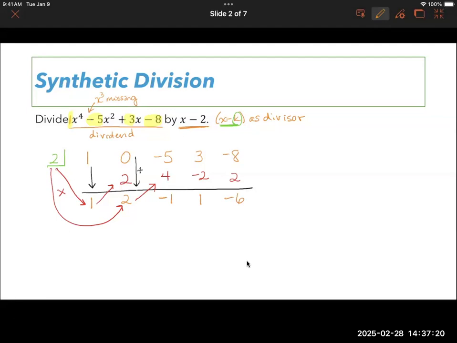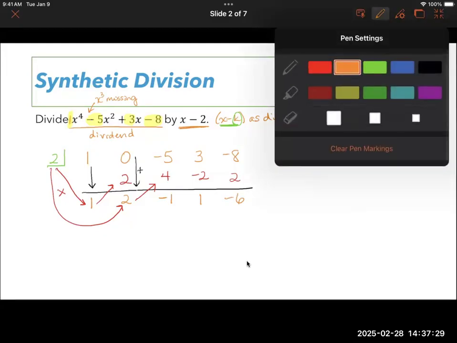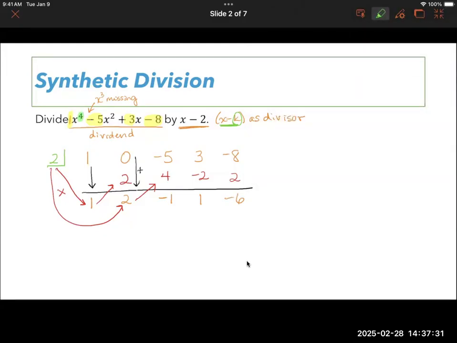Okay, now, what does all of that mean when we finish that process? So we took a 4th degree polynomial and we just divided it by a linear polynomial, 1st degree. And so that means our result is going to be 1 less degree.